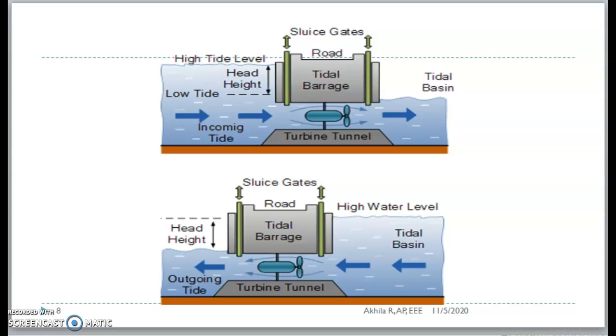Please have a look at this diagram where the tidal basin is shown, and then a turbine channel as well as the turbine, and the main part, the tidal barrage, and you can see the sluice gates on both sides of the barrage. The first one shows an incoming tide, where the head height is sufficiently high, and in the second diagram an outgoing tide is shown, and because of that the head height has gone low.